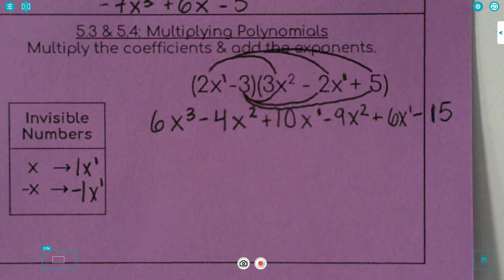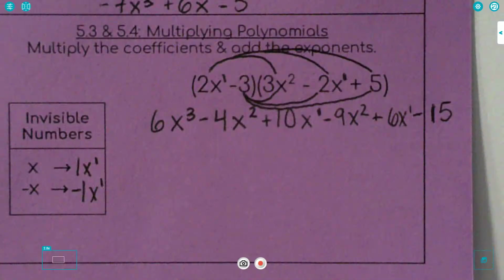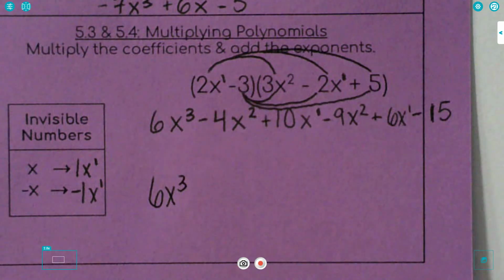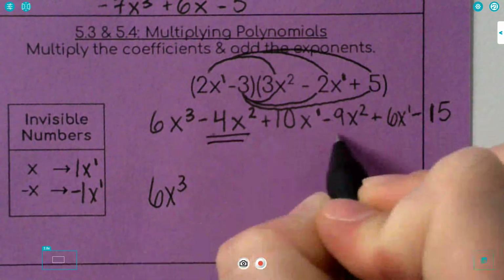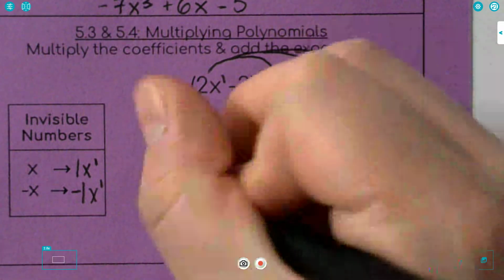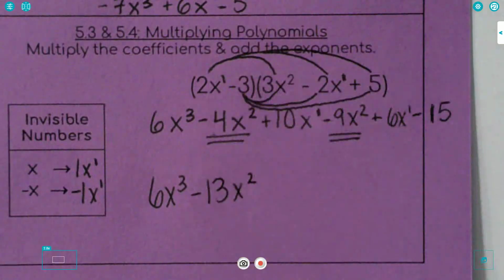Okay. So before I combine, I like to check. I've got 1, 2, 3, 4, 5, 6 terms. Now I can combine. My 6x cubed stays at the beginning by itself. And then I can combine my negative 4x squared and my negative 9x squared. Negative 4 and negative 9 is negative 13x squared. Don't change your exponents. You're just combining your coefficients.